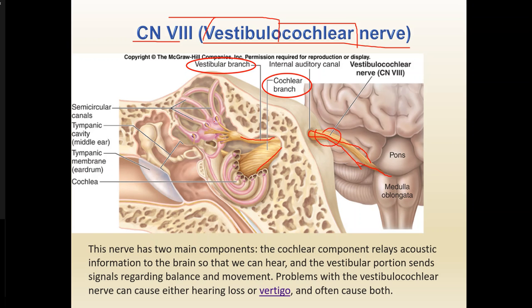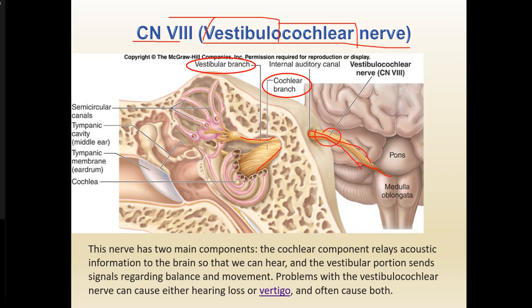Okay, so there is a structure, as we'll see, that is connected to the ear, basically part of the ear system, that hearing system, that is the vestibulum, and this is actually responsible for maintaining our balance. And in fact, problems with the vestibulocochlear nerve can not only cause hearing loss, but also vertigo.